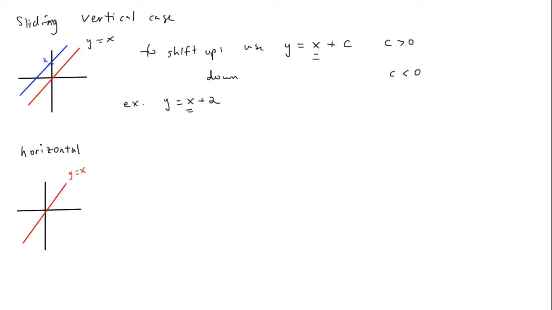Okay, and so our function here, f of x, is x. Okay, so that's what we'll start with, and that gives us the red line.